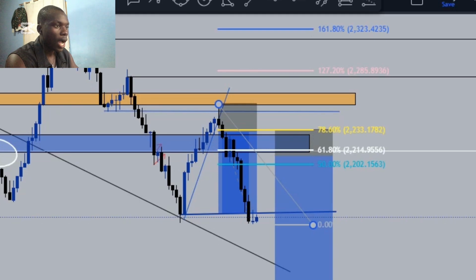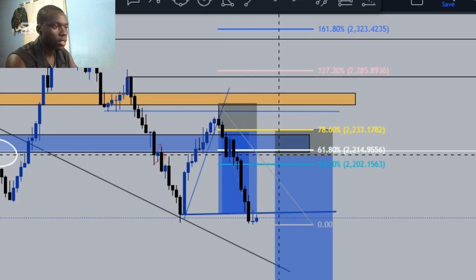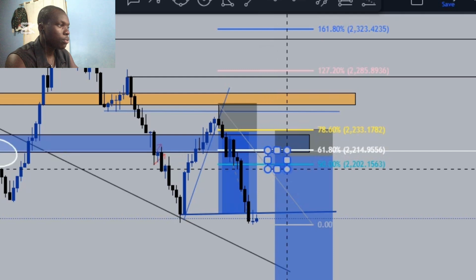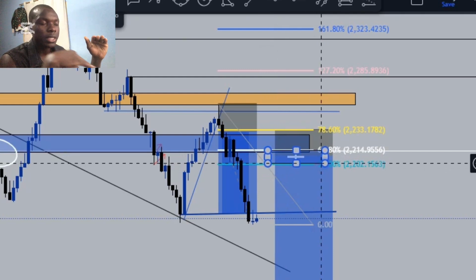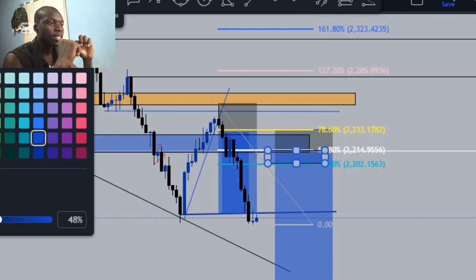I want to sell the market, so I'll draw from the top to the down. Let's say here is the zone it's trying to retest, trying to go back from. You can see that with my fib tool, the 50% and the 61% is the most active zone.